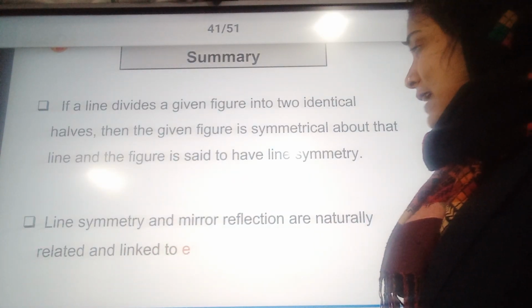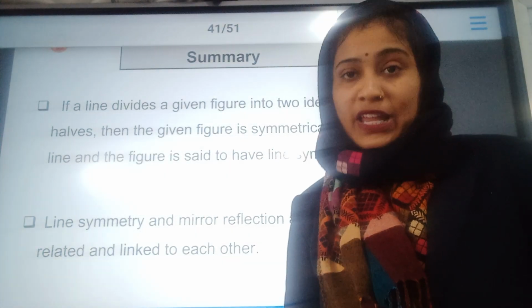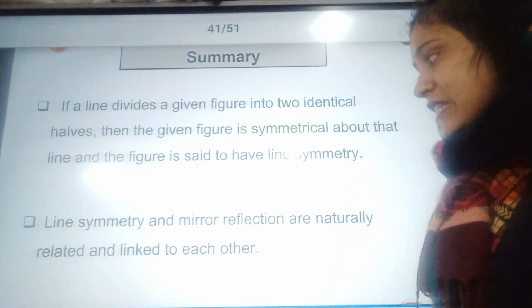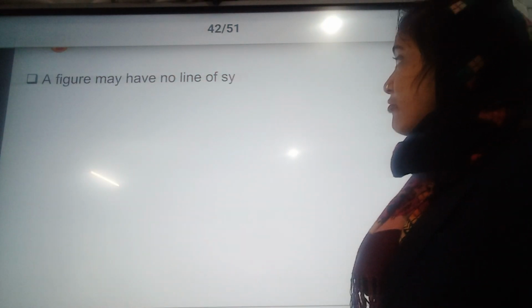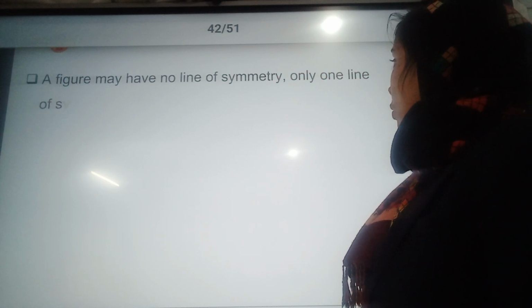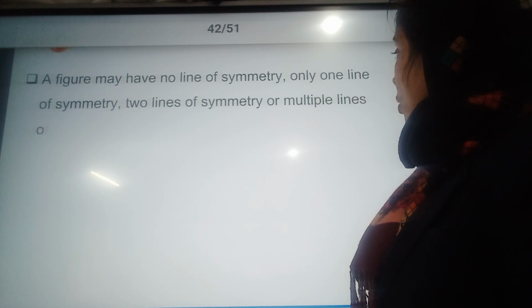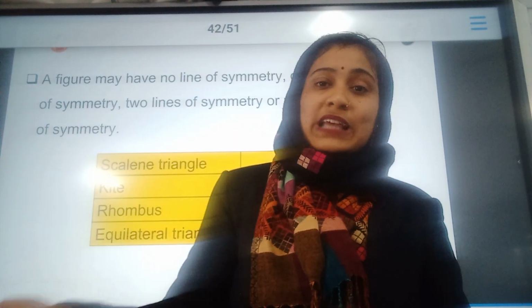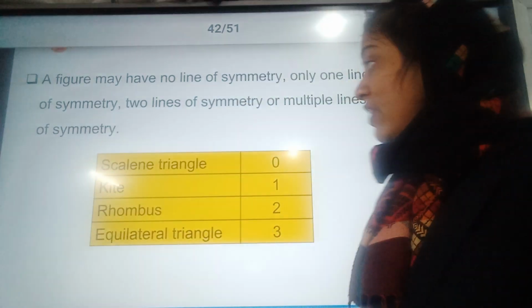The line symmetry and the mirror reflection are naturally related and linked to each other, because in both the cases we get the identical figure. Alright. A figure may have no line of symmetry, only one line of symmetry, two lines of symmetry, or multiple lines of symmetry. It's not mandatory that a figure will always have a line of symmetry. It may have one, it may have two, or it may have infinite.